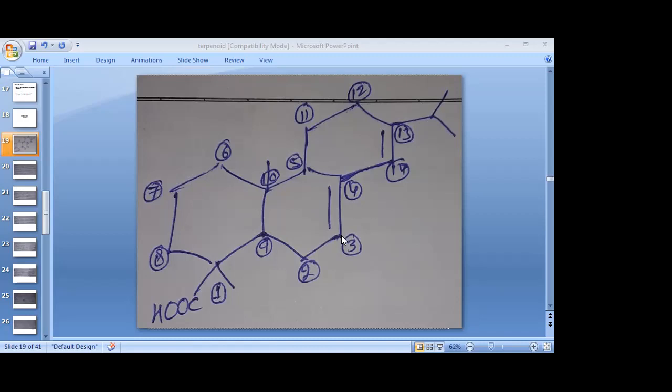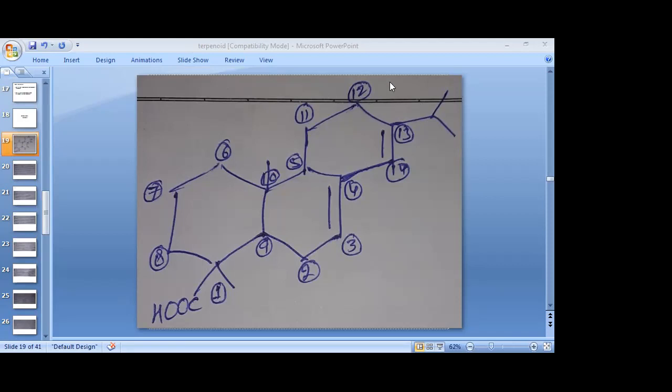Now the question comes: how do we determine the structure of abietic acid? For that we need to go one by one. We need to do some chemical reactions for determination of the structure. Whether there is a carboxylic acid or not will be confirmed by a chemical test.